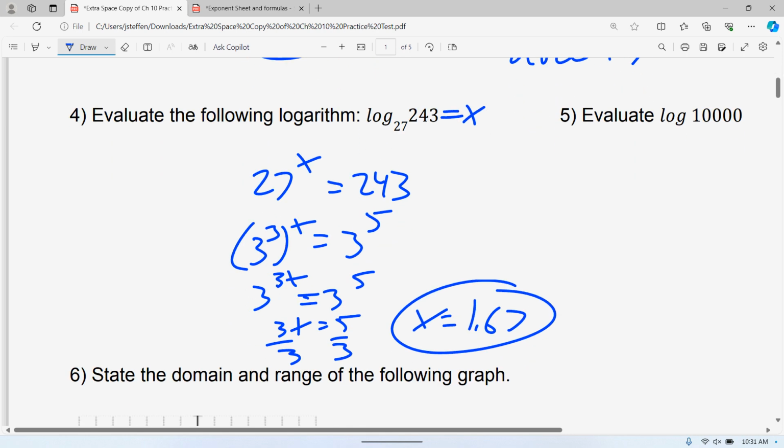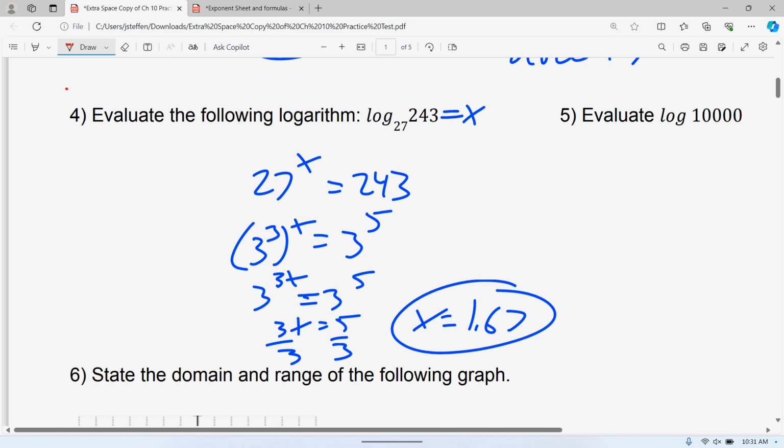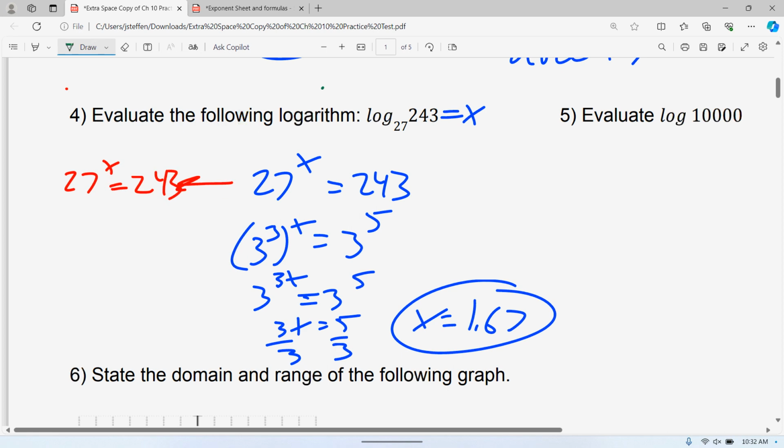So the other way to do this one, not to waste your time, just put it over here. So if you have 27 raised to the x equal to 243. The other way you learned how to do this is, since there's only one variable in here, and it's only on one side, on the left, you can take the natural log of both sides.